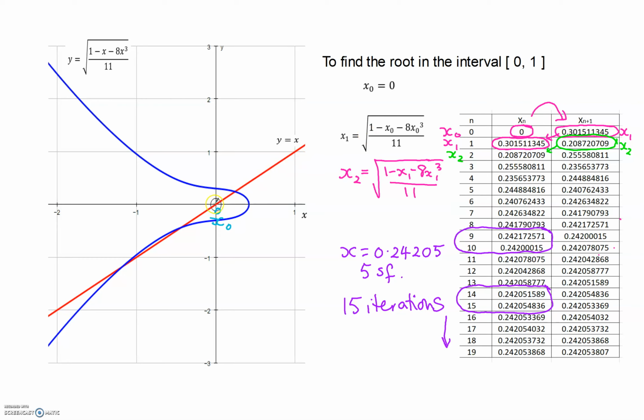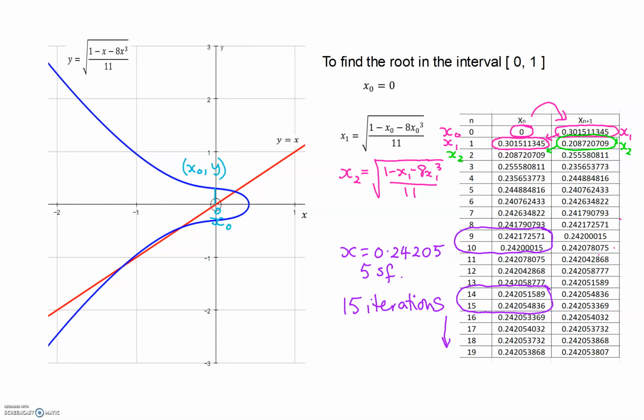Let's draw a nice straight line. So if we draw a line going up, it joins the blue graph at the point x0, and then it joins at the y coordinate, which is x0 substituted into our iterative formula.